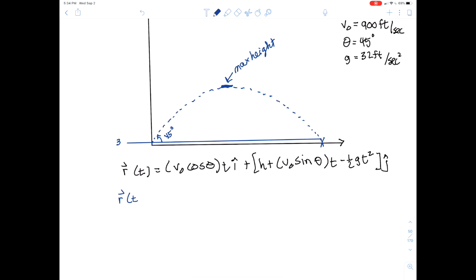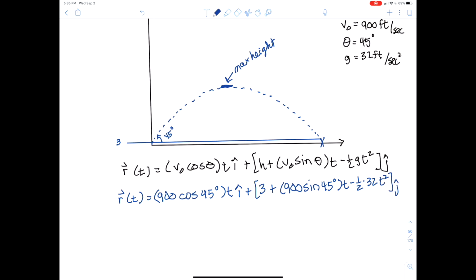So r at t, plugging our information in, is 900 from our initial velocity times cosine 45 degrees, that times t i, plus our height was 3 feet, plus 900 times sine 45 degrees times t, minus 1/2 times 32 for g, t squared. And that's all with j. Cool so far?